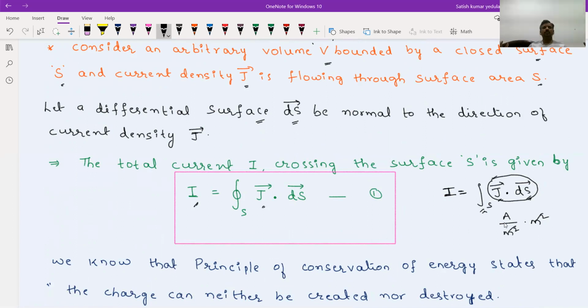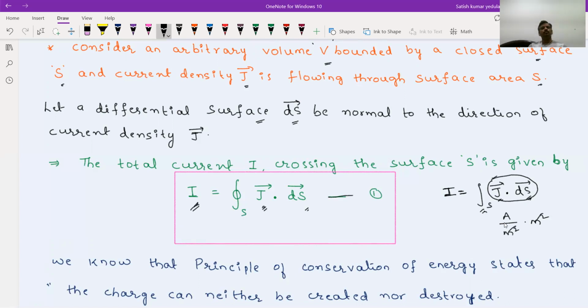At a particular time only a few charges have come out, and because of that there is a current. So I is equal to the closed surface integral of J dot ds, the total current obtained from the charges coming out of the closed surface. That's how you get I in terms of J and ds.